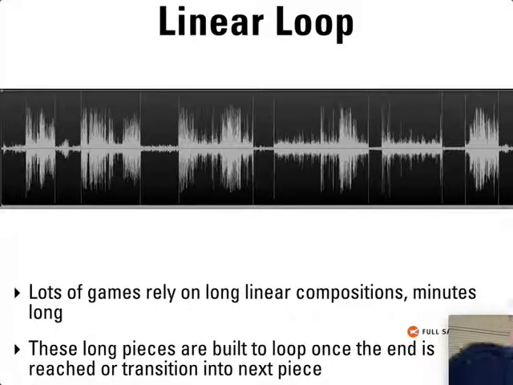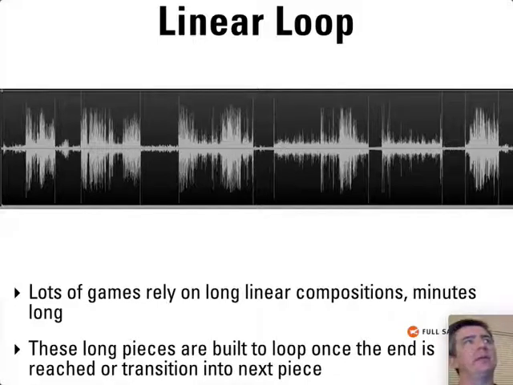All right. So, next one here. Actually, really where we want to start out is with different approaches for your music to function in game. We want to start with the most fundamental approach, which is a linear loop.